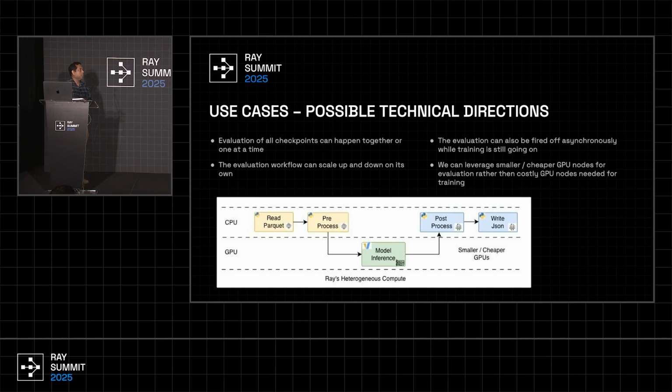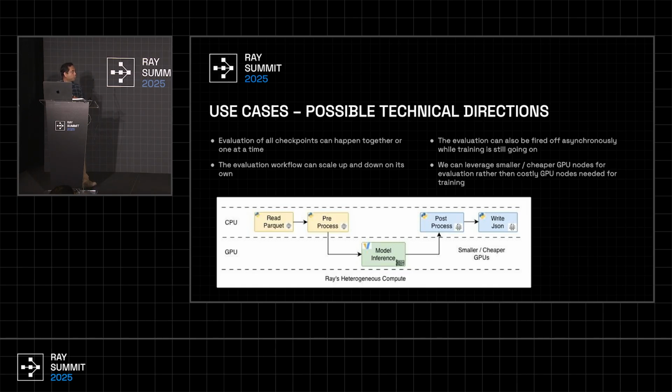Or the evaluation can be fired up asynchronously. What does it mean? While the training is running and as a checkpoint is created, we fire off the evaluation. We just don't wait for the training to end. So there are many ways of doing the evaluation.